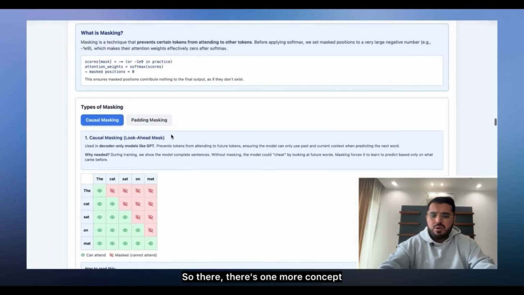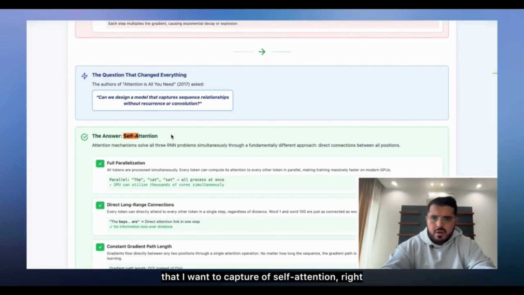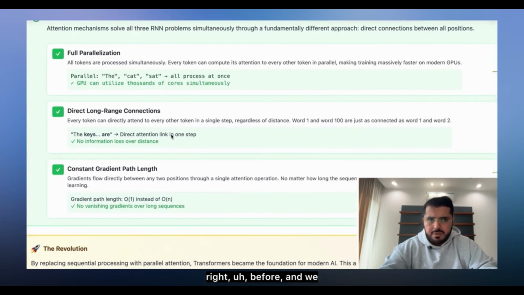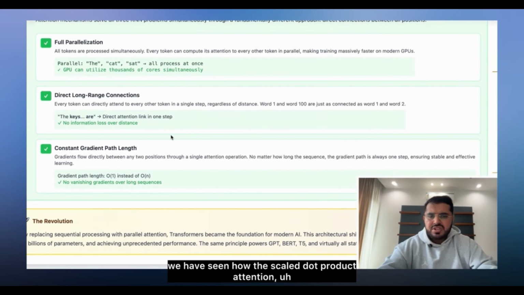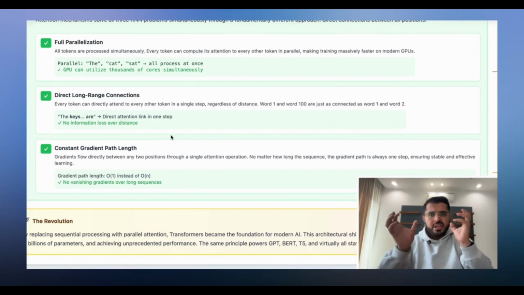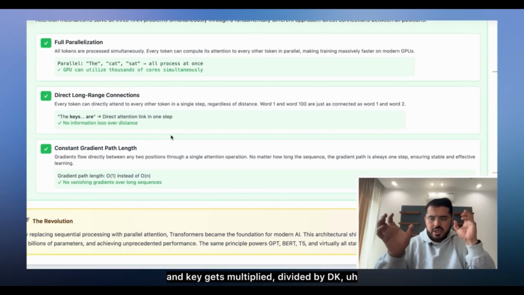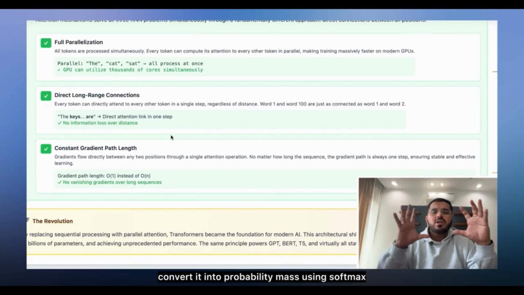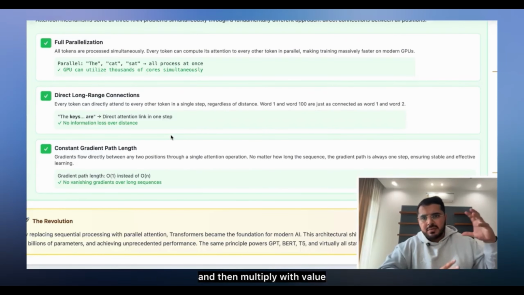So there's one more concept that I want to cover, self attention, right? We have seen the mechanism of attention before, and we have seen how the scaled dot product attention is produced. Largely the query and key get multiplied, divided by the square root of dk, converted into a probability mass using softmax, and then multiplied with value.